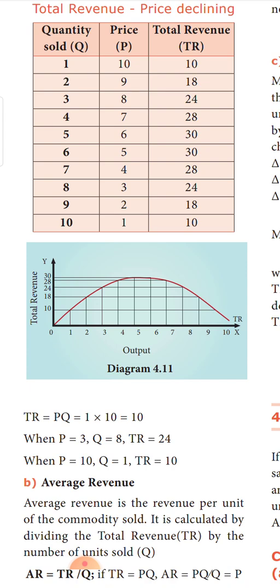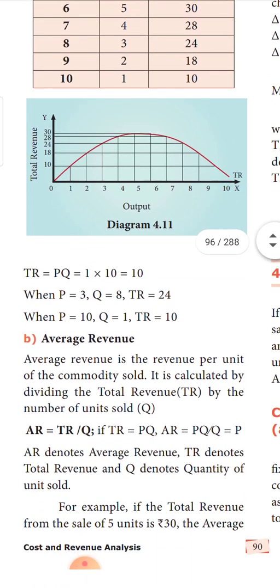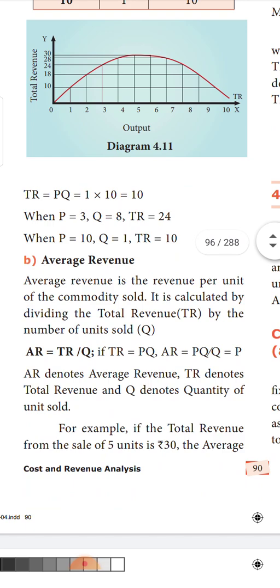When you join the points, you will get a curve that looks like an inverted U, like a mountain. It will rise upwards, remain constant at a particular point, then start to fall down. Here TR is P into Q, PQ.